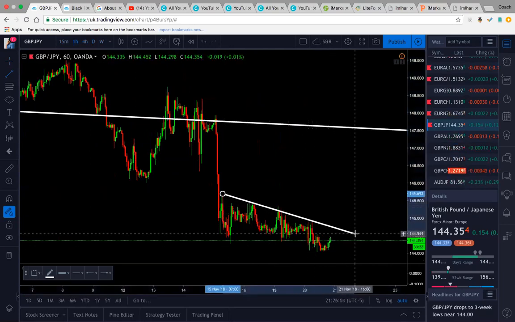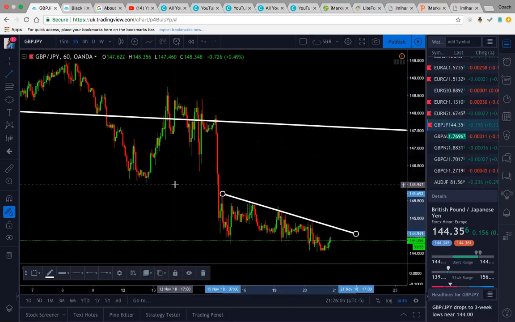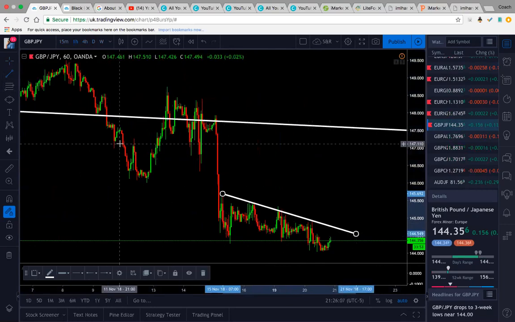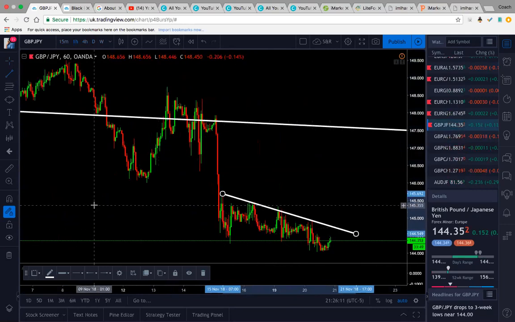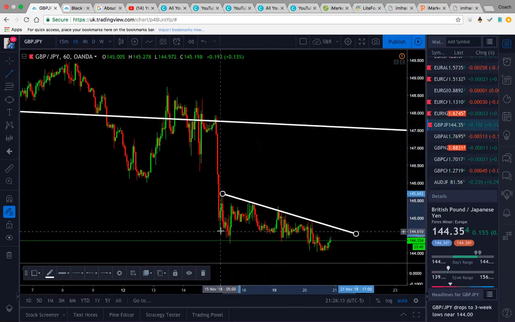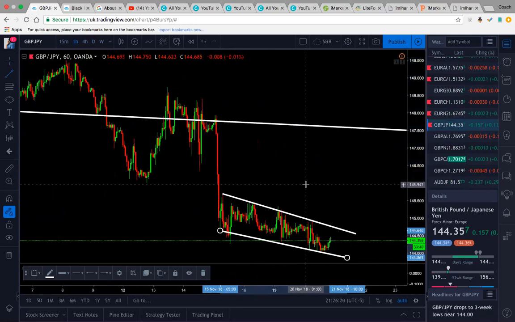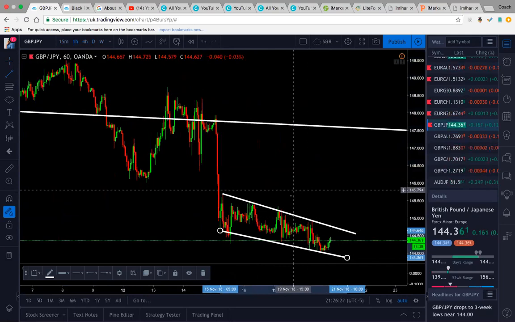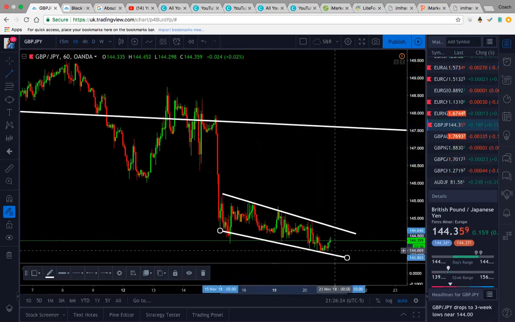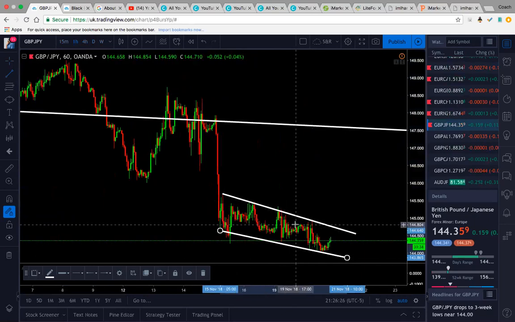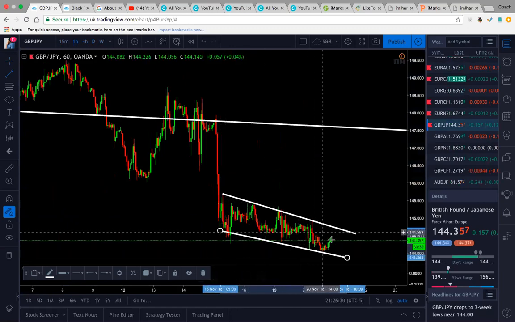I'm going to scale down to the 1 hour here and start to look at what price is telling us. So based on this correction, based on this flag, this is a falling wedge.